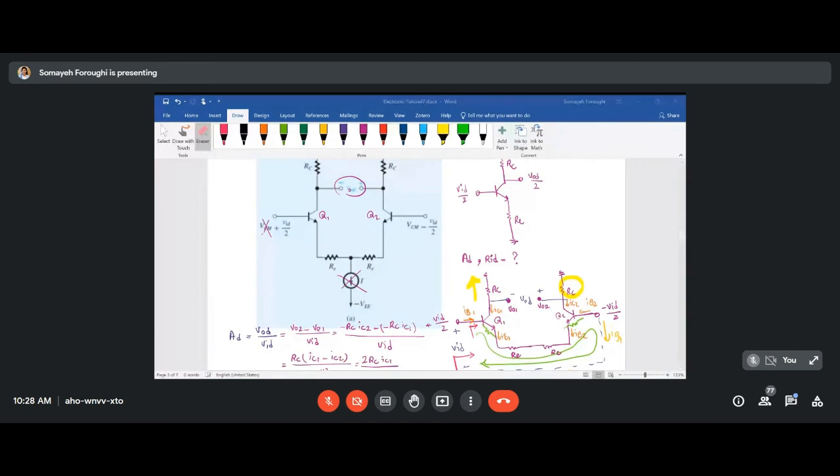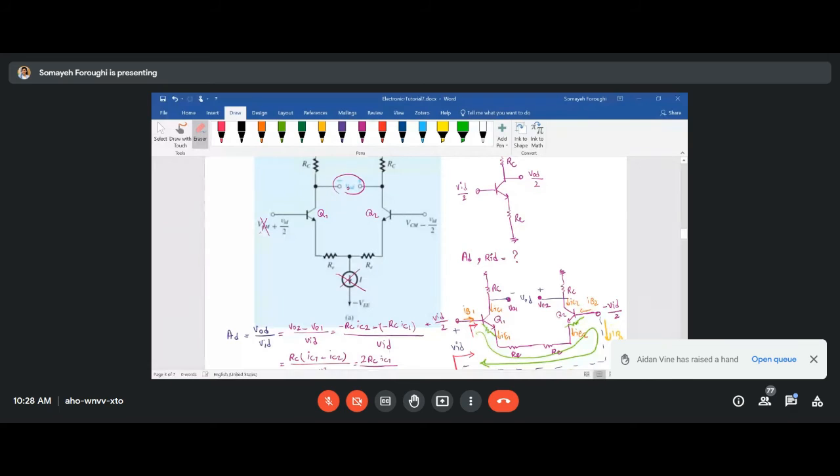Okay, so let's see. Do we have anyone here? Soban, go ahead, please. So, from my understanding, you can use the half circuit to find gain, and it would be equivalent to the full circuit. But could you not have used the half circuit here? No, unless you are asked to. Oh, okay.